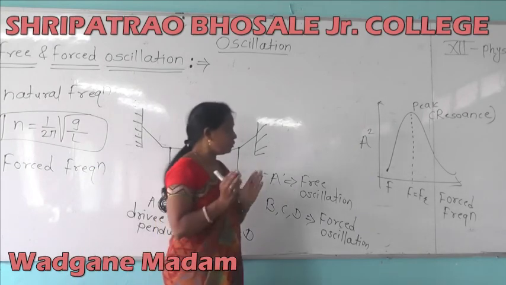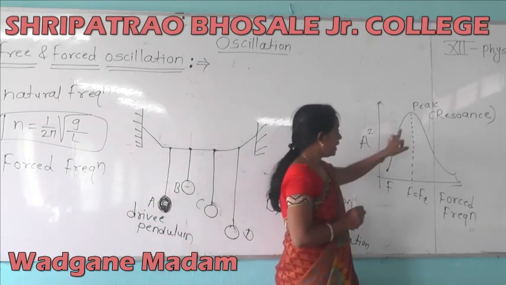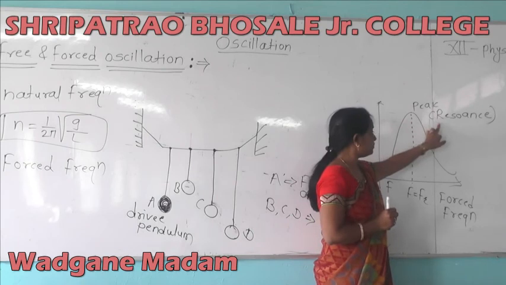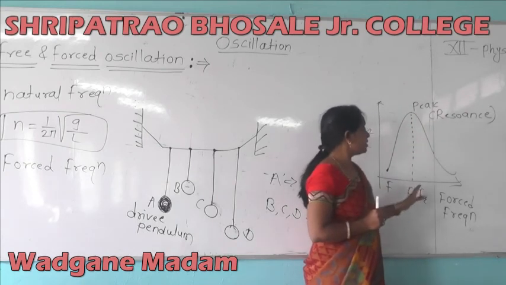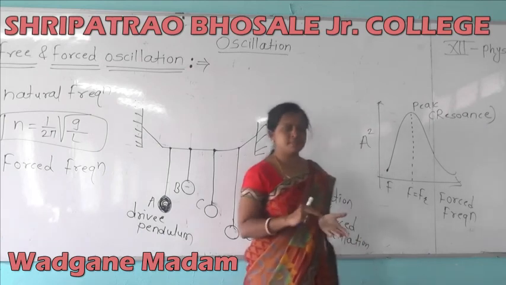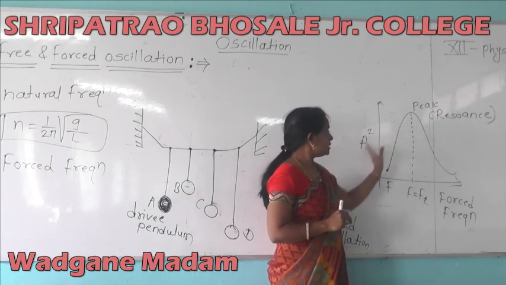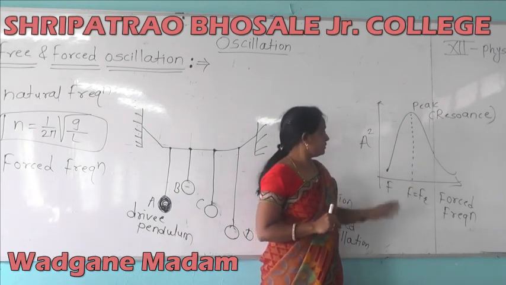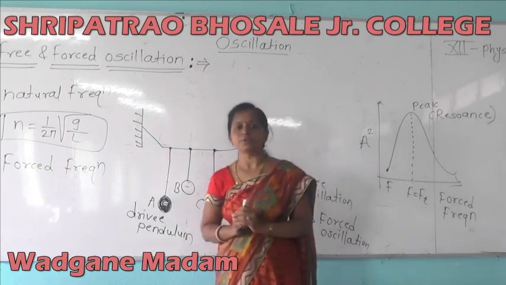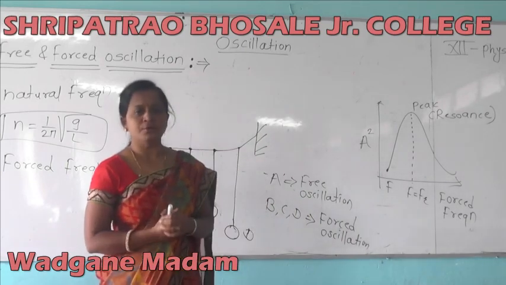When both frequencies are equal, the peak occurs, and it is called resonance. When the energy absorbed is less, it shows on either side of this peak, lower or higher. The peak occurs when the forced frequency is equal to the natural frequency.